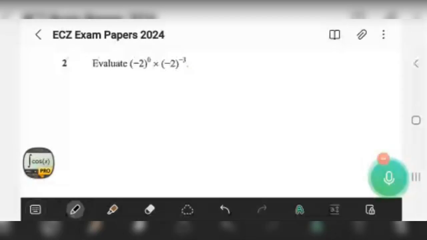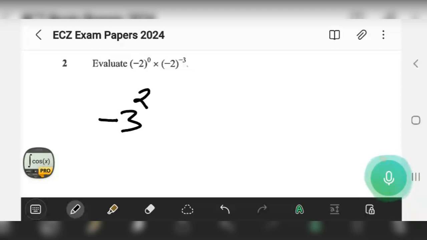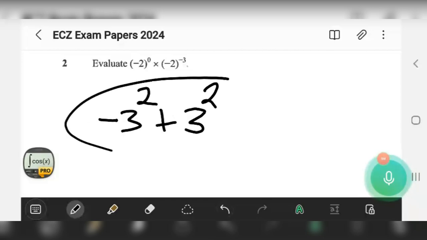All right. So there was a question that came the other day. If I remember, it was something like negative 3 raised to the power 2 plus 3 raised to the power 2, something like that.